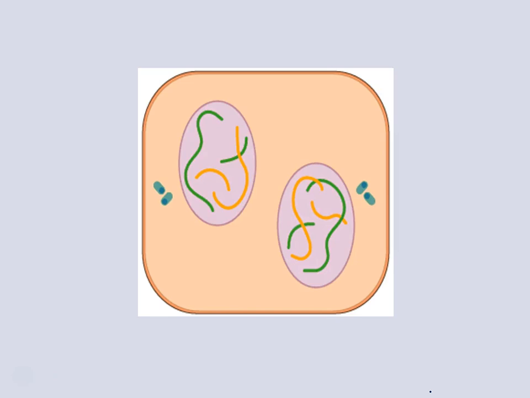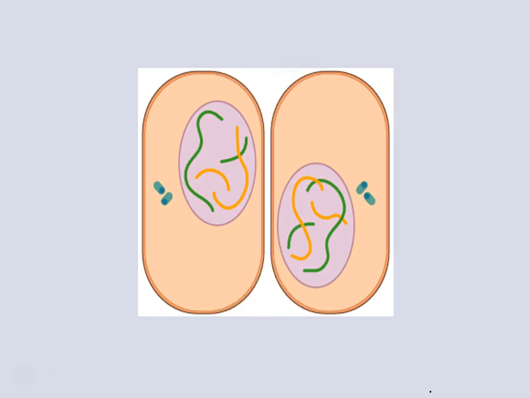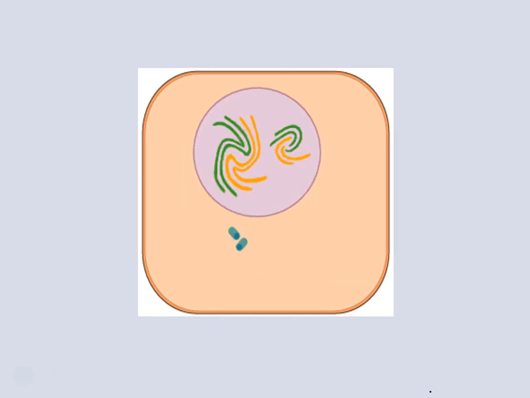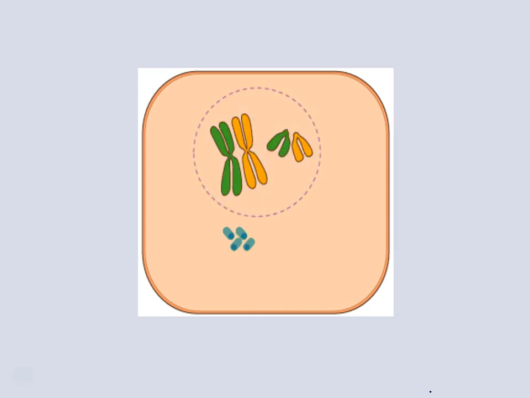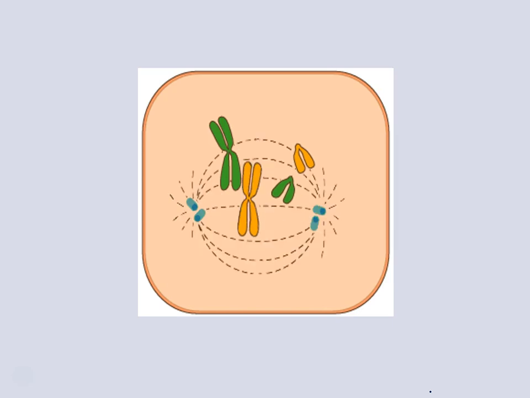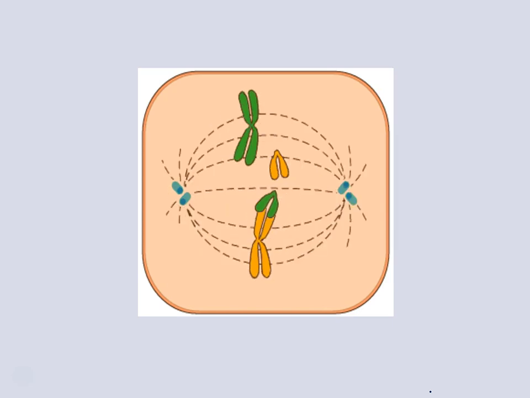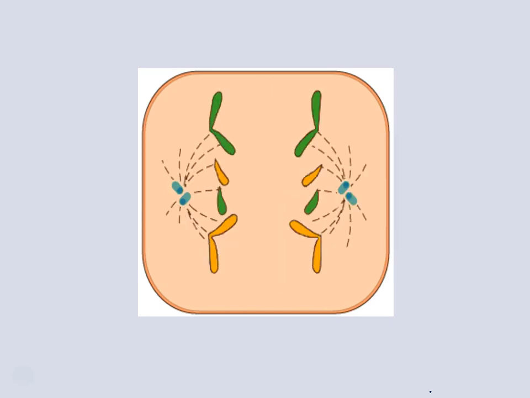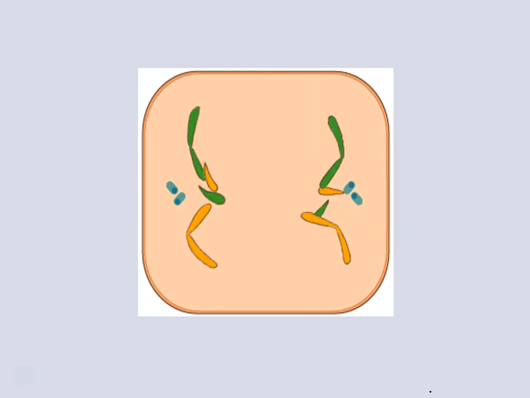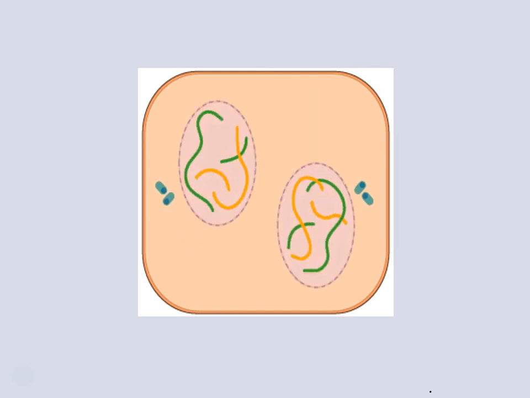And you have two nuclei forming, and then cytokinesis. So again, prophase, metaphase, anaphase, telophase, and cytokinesis.